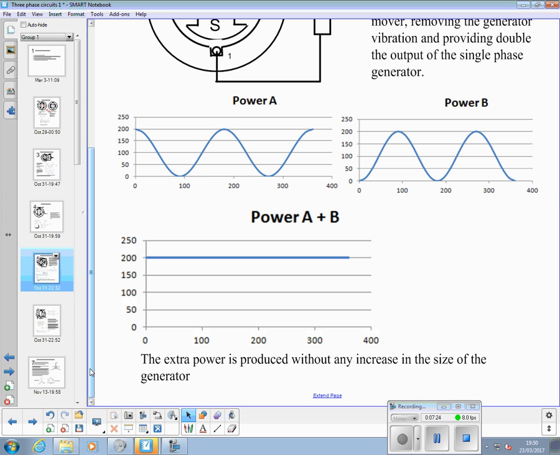So remember, all power produced in that time.